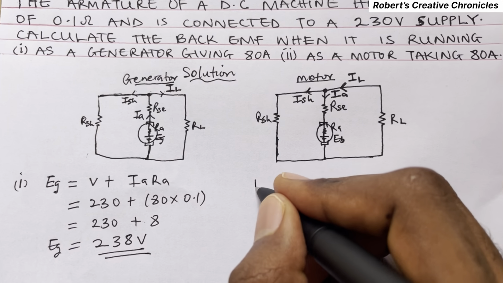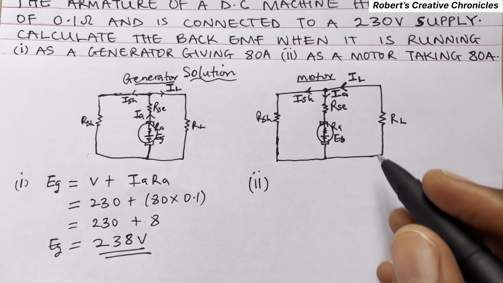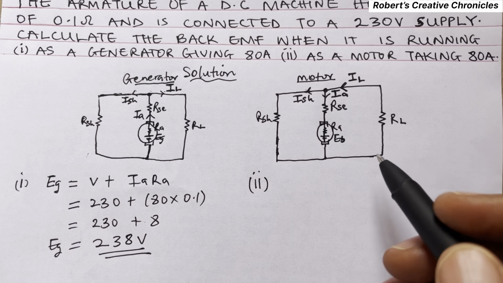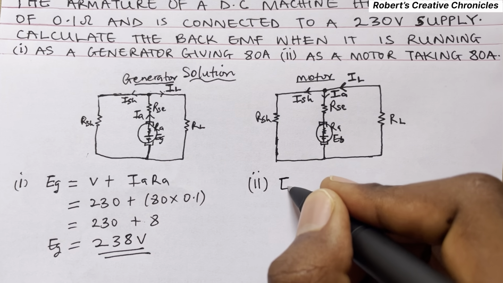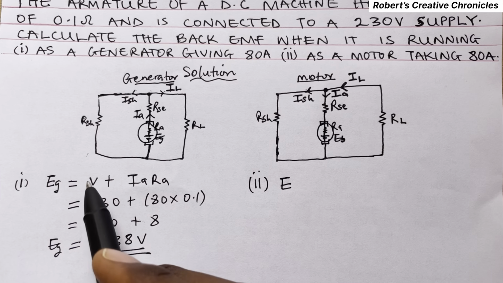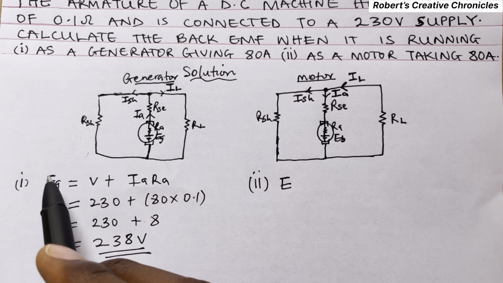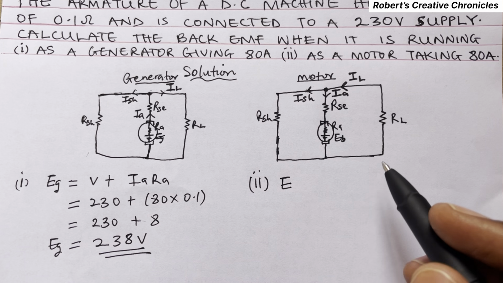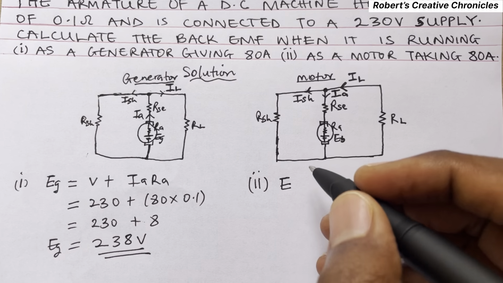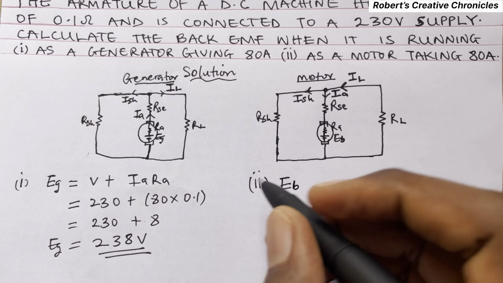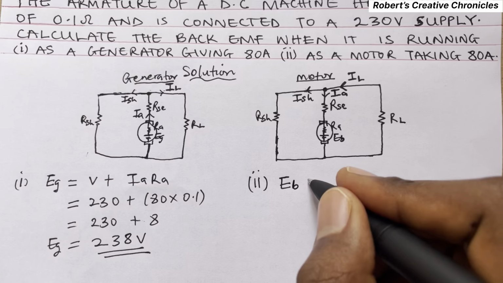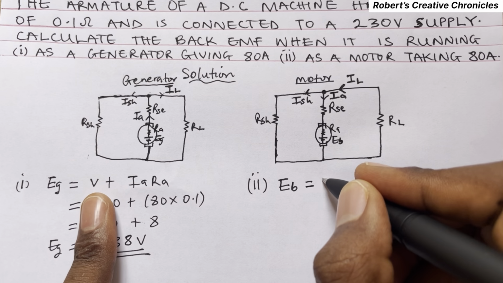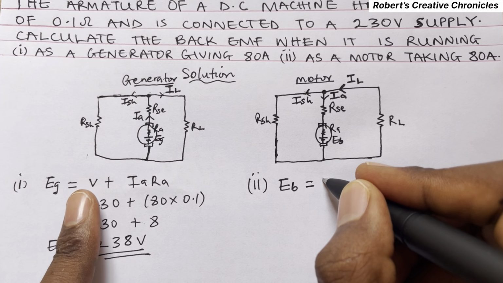Then for a motor taking 80 ampere, the EMF for a generator is called the generated EMF, but for a motor, it's called the back EMF, EB. And the formula is slightly different.